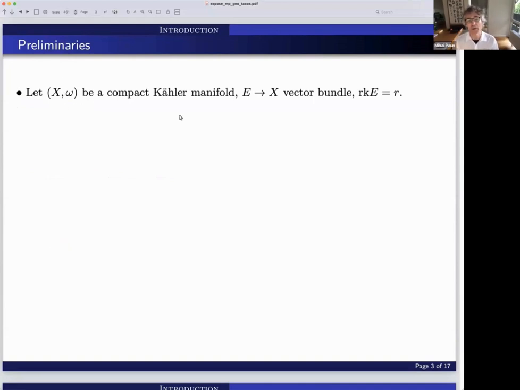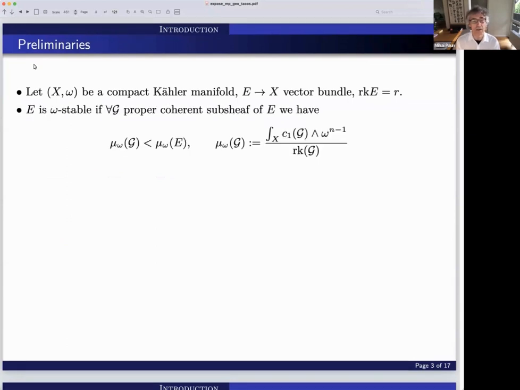So we have a compact Kähler manifold to start with, and a rank R vector bundle on it. And then I guess you already encountered this notion many, many times, at least in this conference: stability in the sense of slopes. It's the usual one.